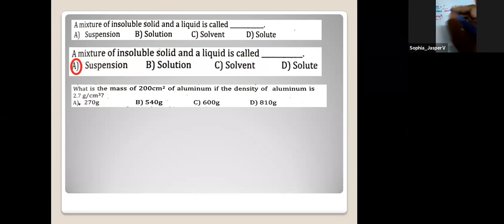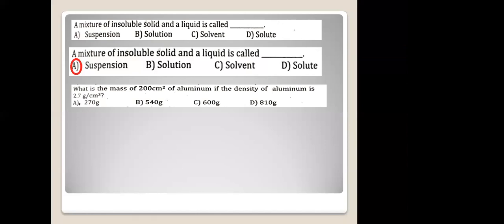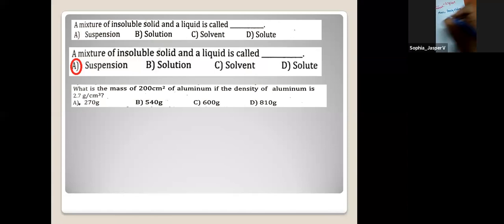When using the crisscross method, mass is equal to density times volume. Remember that. So your answer is 2.7 times 200. Do not forget to write your units also, so that your units come out correctly. Some students forget to write the units and they choose the wrong options.